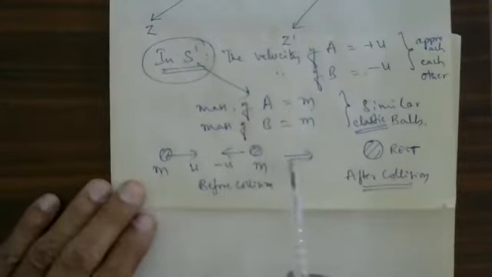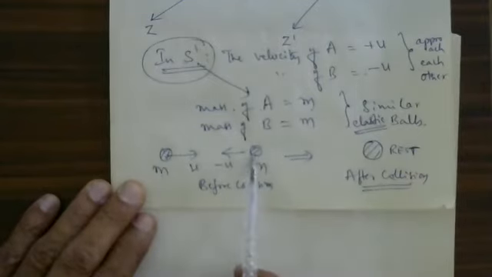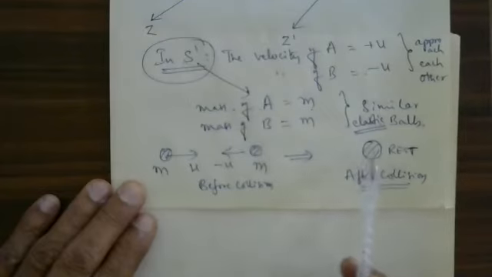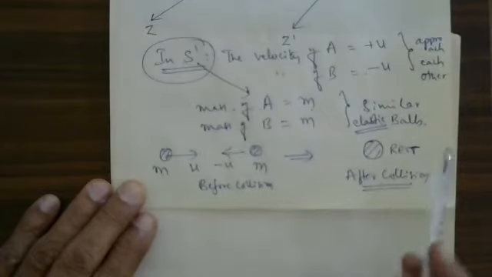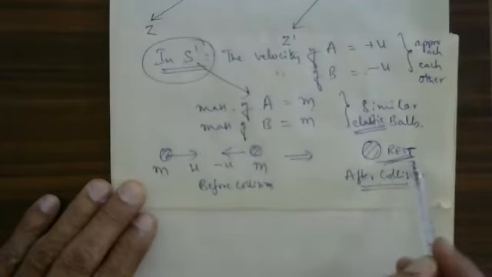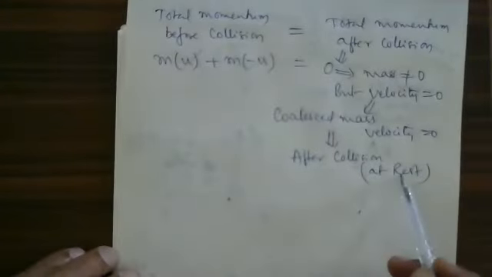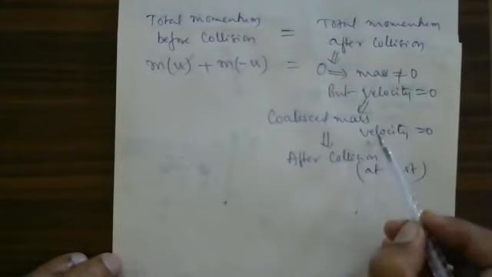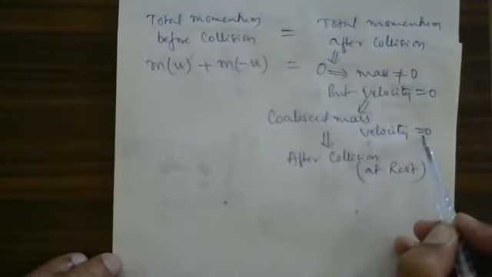After collision, this mass and this mass join together, but it is not moving; it is said to be at rest. Sir, why is this at rest, you said? Because of this. After collision, it is at rest because the total velocity is equal to 0.